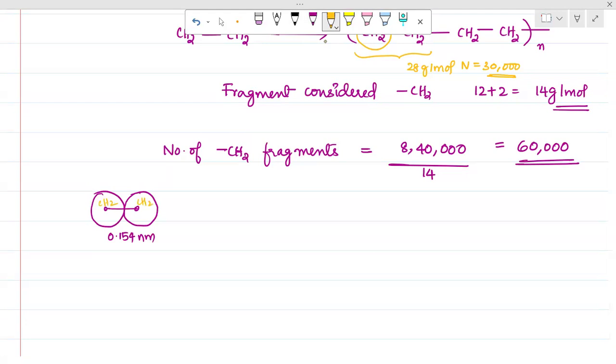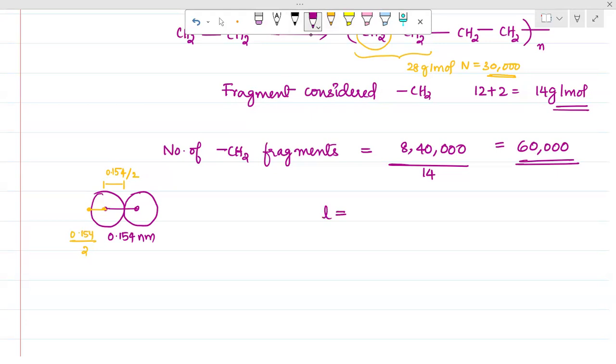We need to get the length of one fragment only, that is one carbon unit only. From the center until this point, it will be 0.154 divided by 2, and from the center to the other end, it is going to be 0.154 divided by 2. So the total length of this carbon unit is going to be L.